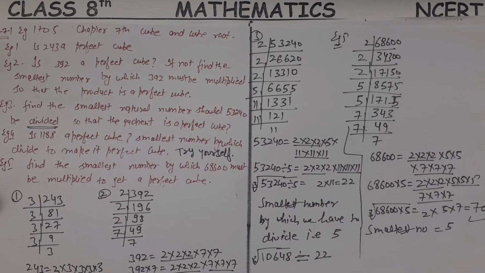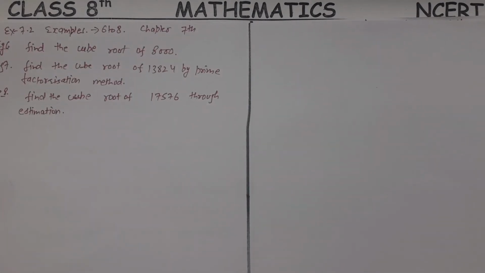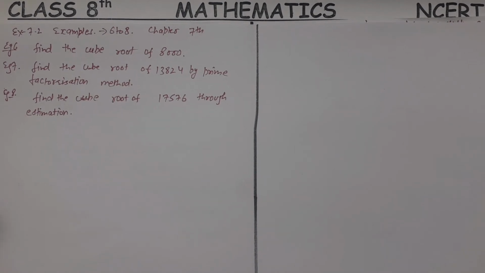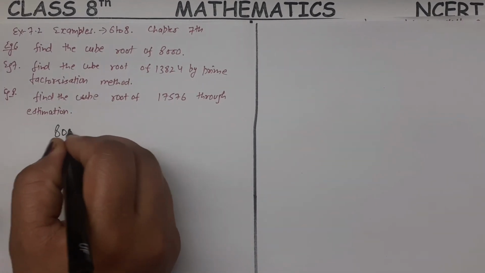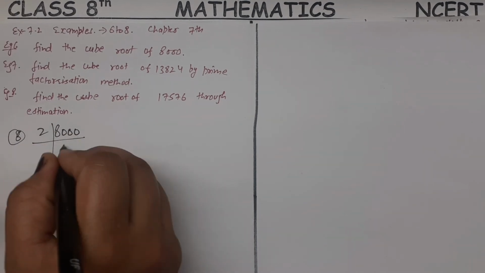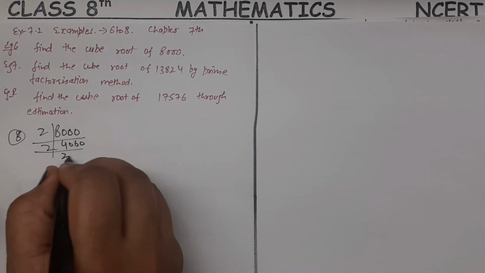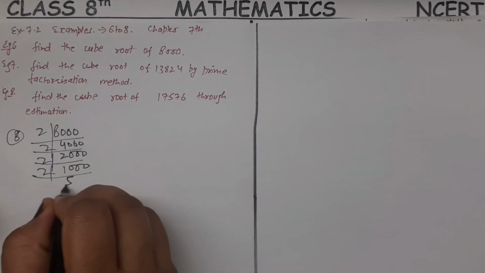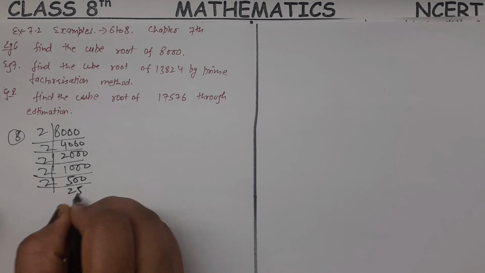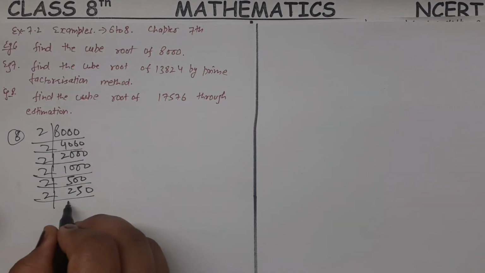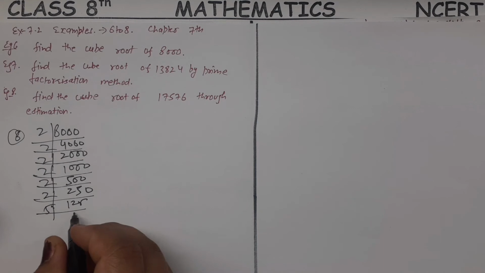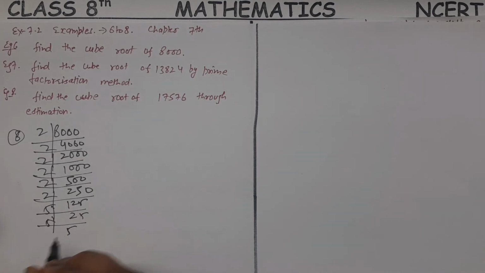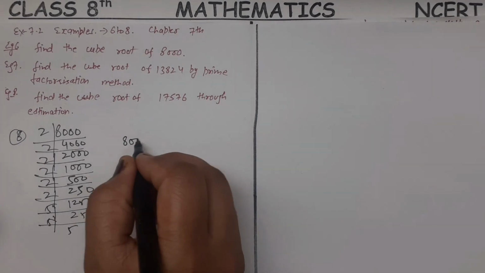Now the next is example number 6. Find the cube root of 8000. Divide 8000.